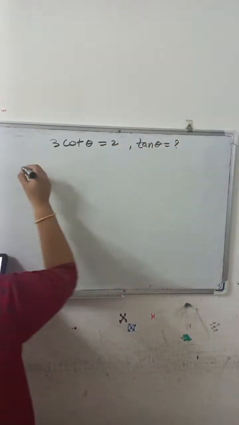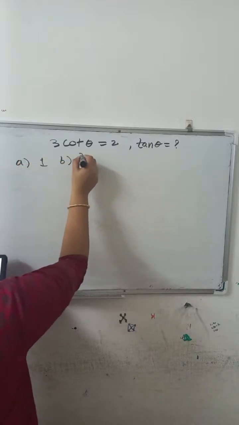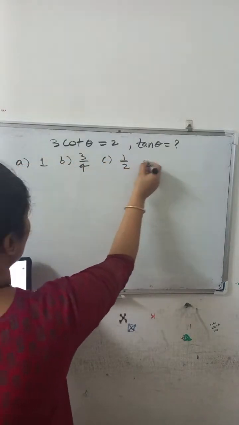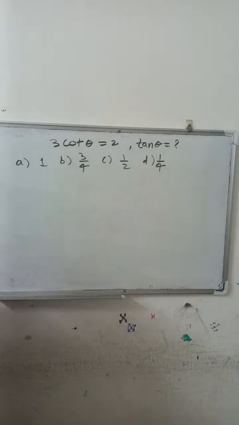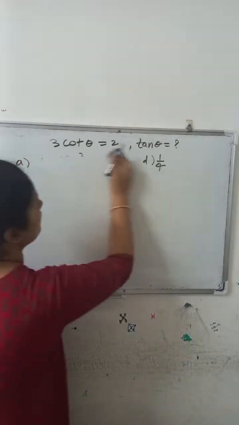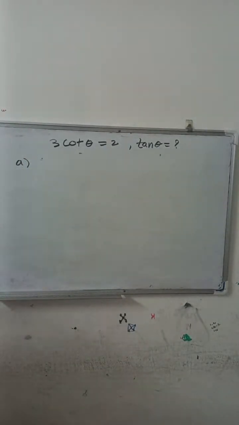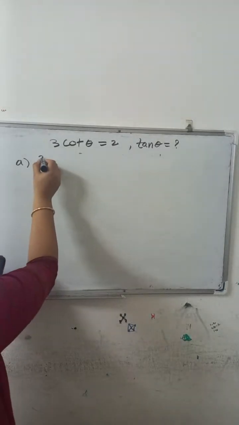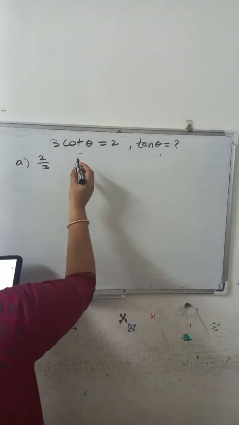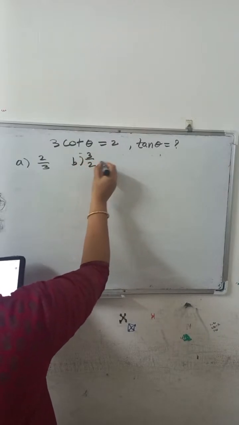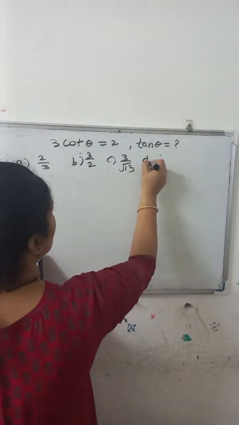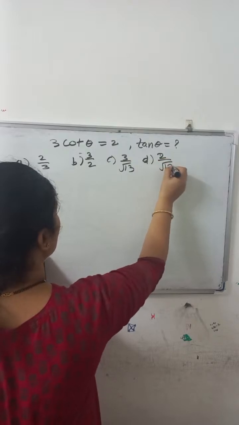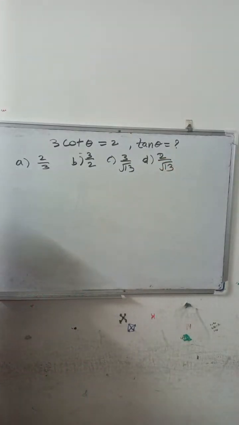Oh, I wrote the wrong options, sorry. So here we have A 2 by 3, B 3 by 2, C 3 by root 13, and last D, 2 by root 13. These are the values given.